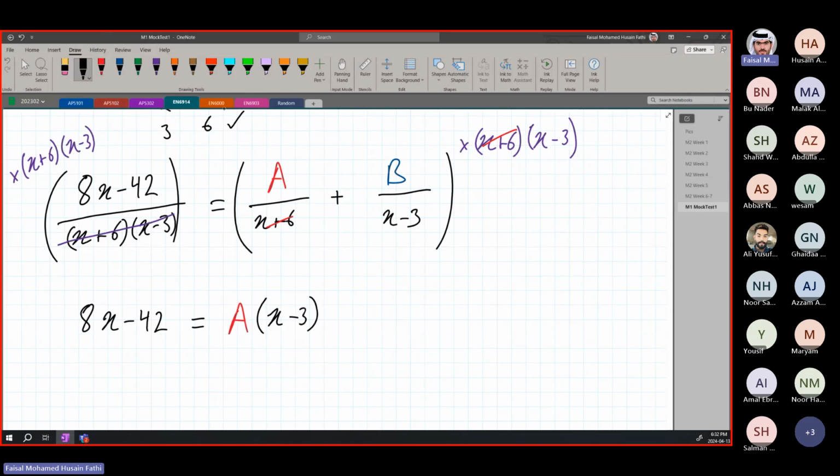And again, the same thing for B: x plus 6 times x minus 3, and which one will cancel out? It's this x minus 3. So what we will remain with is plus B times x plus 6.